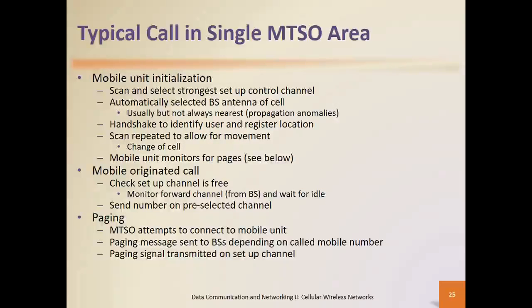So you can identify whether the person is going out of coverage or not, and then when to call in another nearest base station to take over that particular call, handing off that call, so at least the user or handset doesn't feel disconnected when they move from one cell to another.